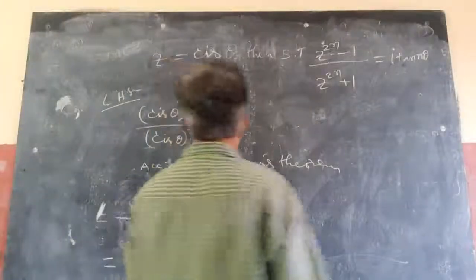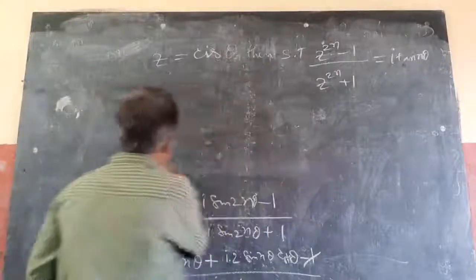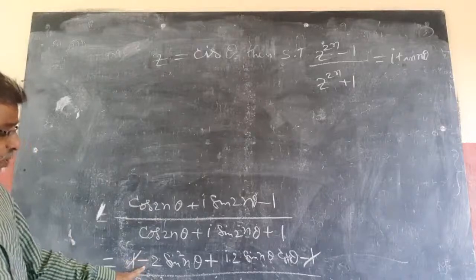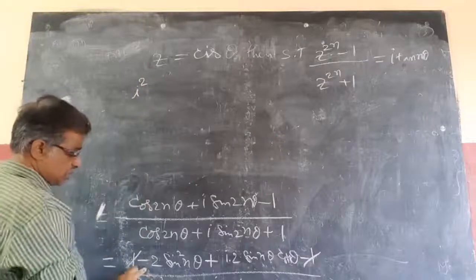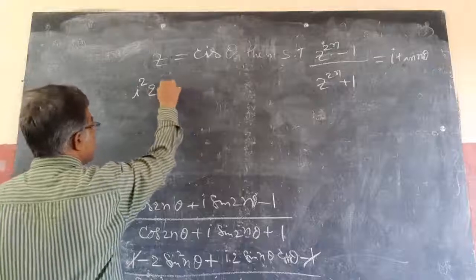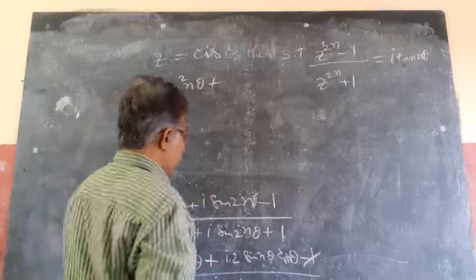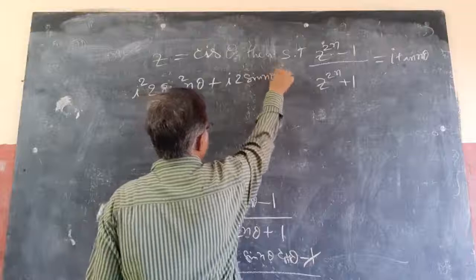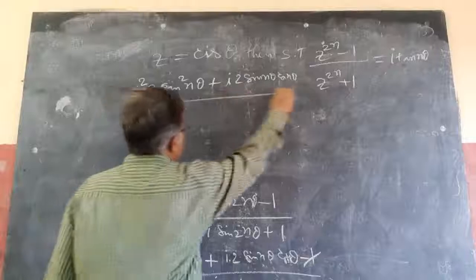What I want to say is, in the numerator, I will write one more step. This minus 2 i square sin square n theta, i square is minus 1, so this i square into 2 into sin square n theta, plus i into 2 sin n theta cos n theta, by the denominator.